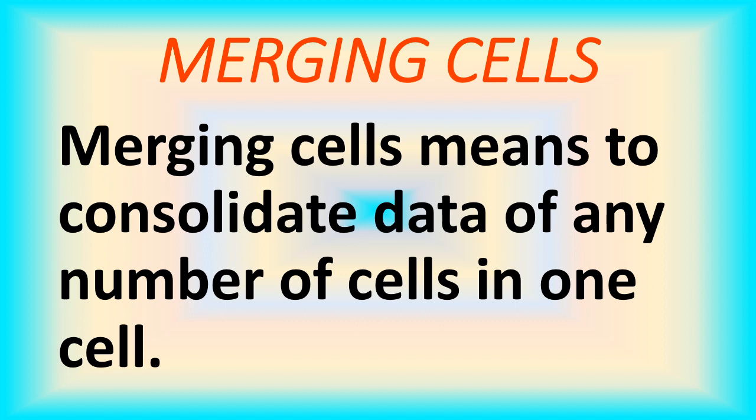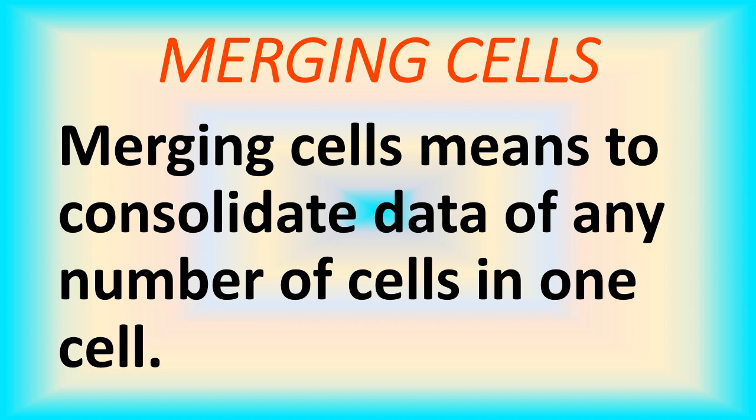Only two main topics are left: merging cells and borders and shadings. First of all we will discuss merging cells. Last day we discussed how we can split the cells. Now how we can merge the cells.